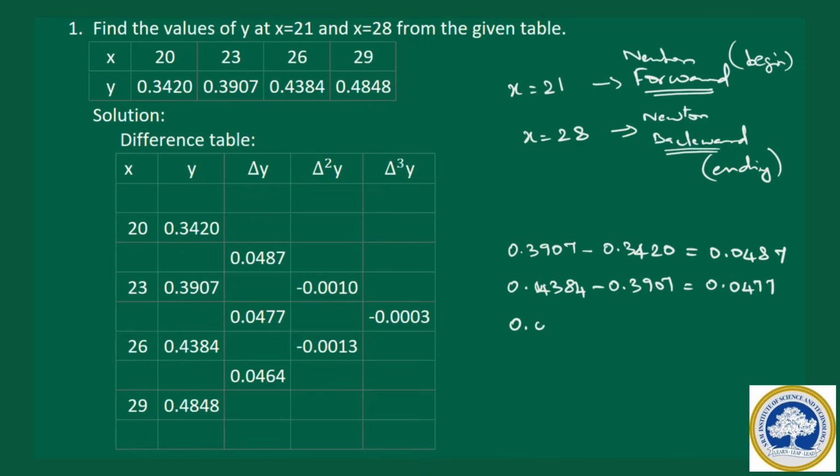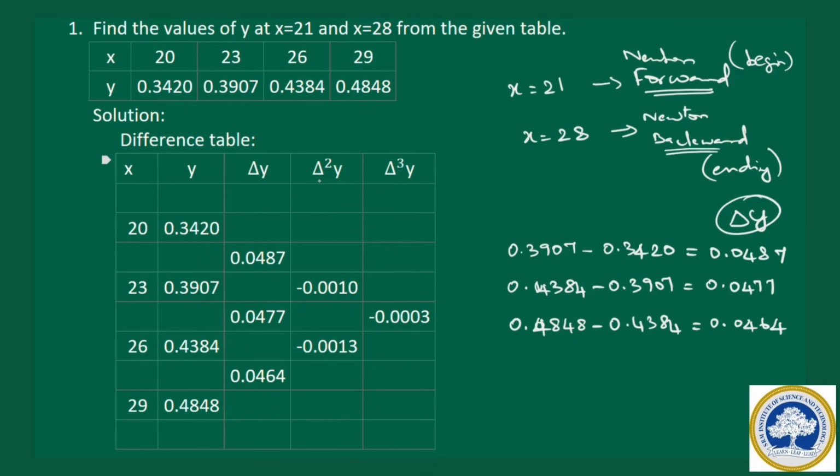Similarly 0.4848 minus 0.4384 is equal to 0.0464. So these are the values called the first difference delta y. So that should be placed over here. While writing the values, please write in a triangular manner. That is, in between these values you have to write it.